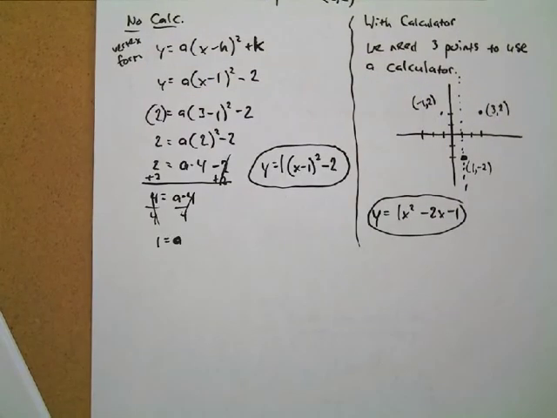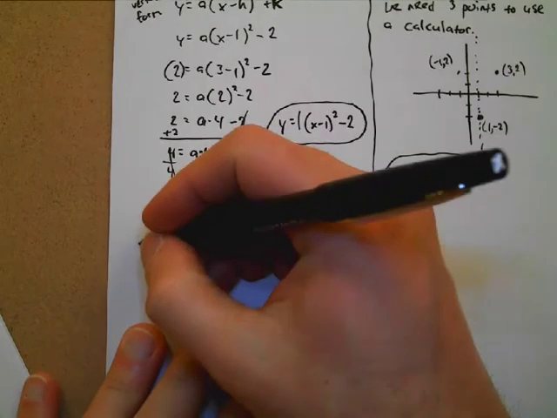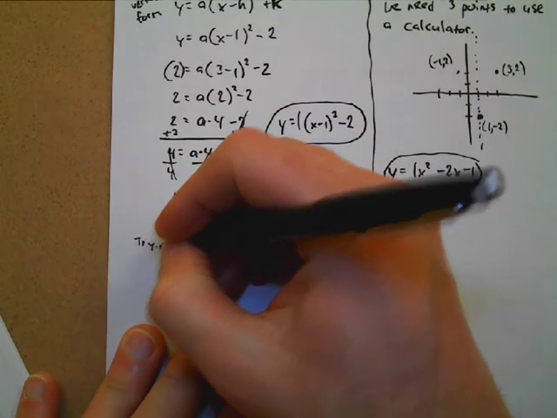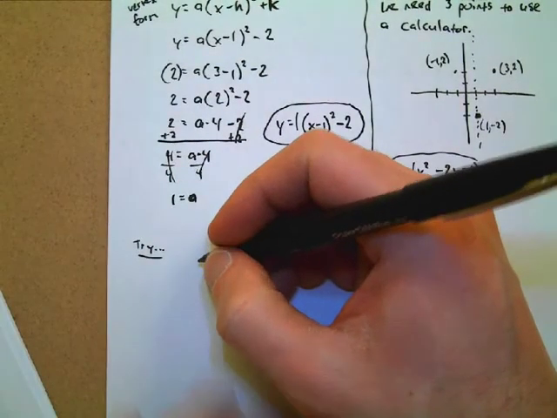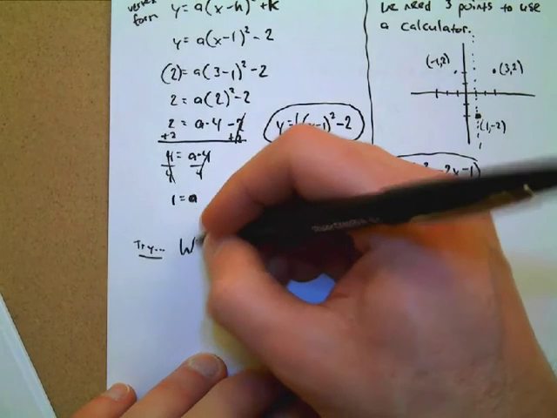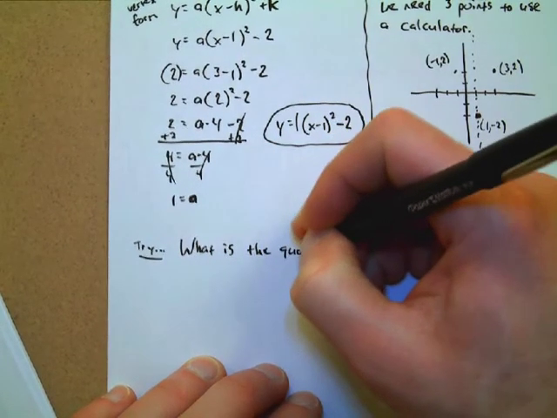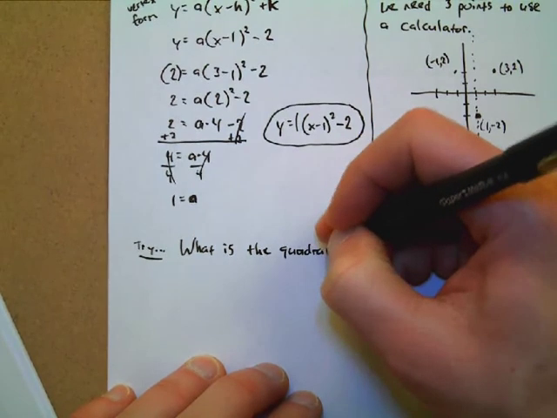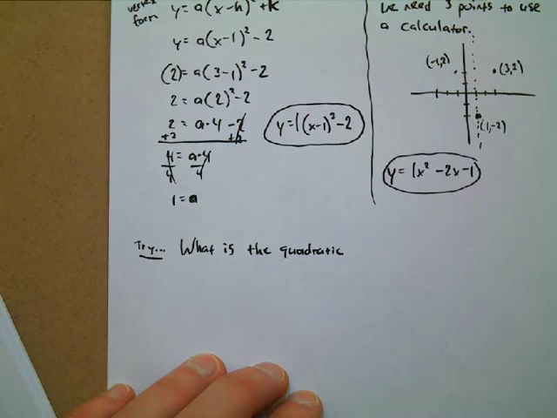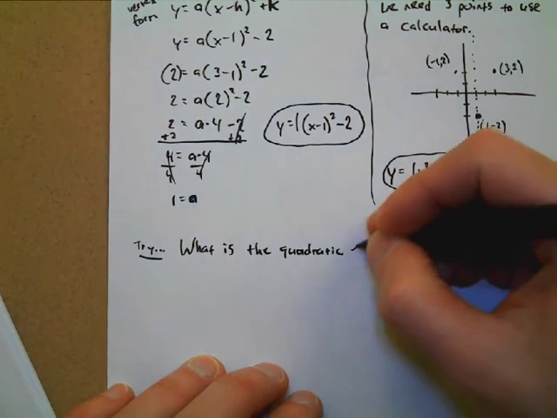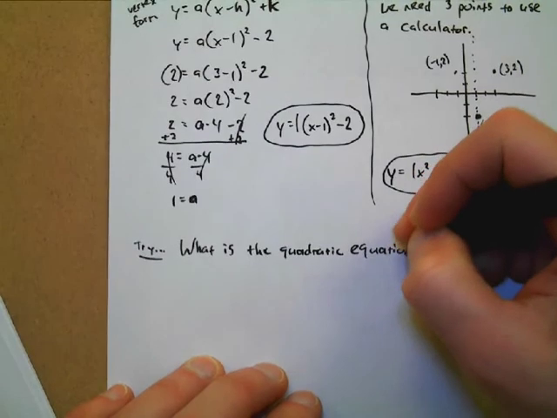Okay. So let's have you try another one here. Why don't you guys practice here, okay, and do this one. Again, what is the quadratic equation? And you can use your calculators if you want to here. You still need 3 points for your calculator? You will always need 3 points for a quadratic on your calculator. But I'm going to give you 3 points in this case.